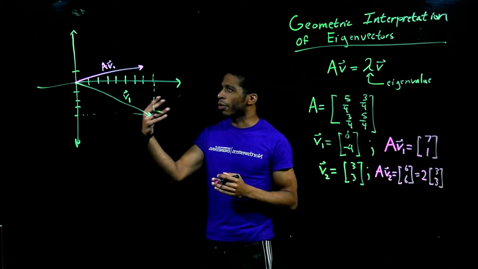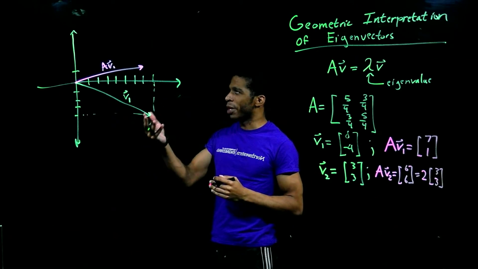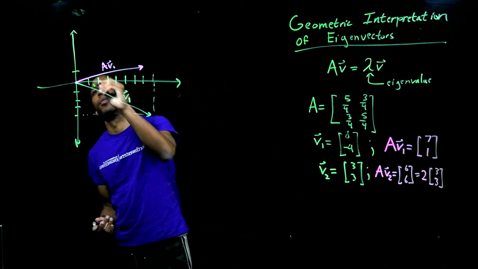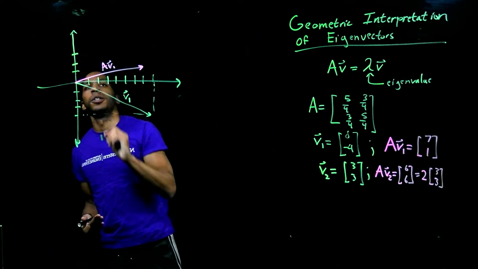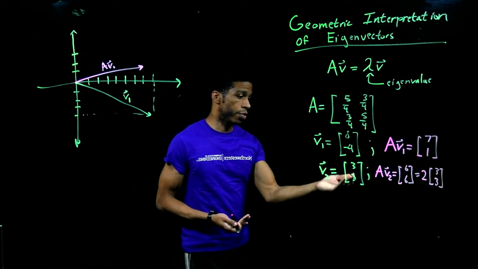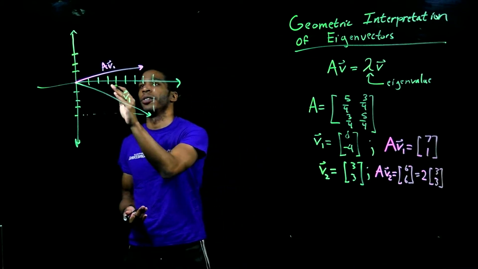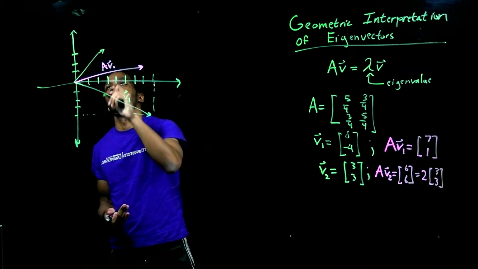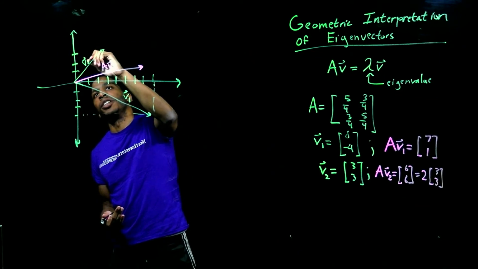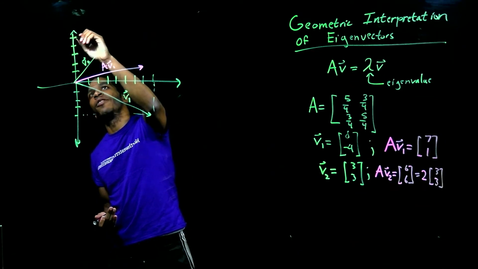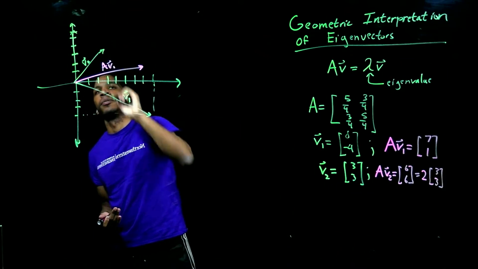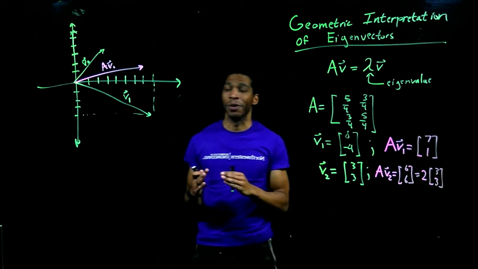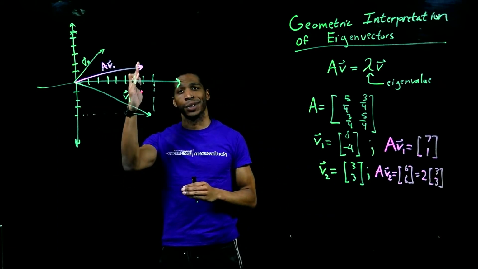So let's see on the graph what this looks like when I apply the matrix A to V2. V2 is 3, 3. So we go 3 over and 3 up. And this is V2. And AV2 is 6, 6. So that means we need to go over 6 and up 6.